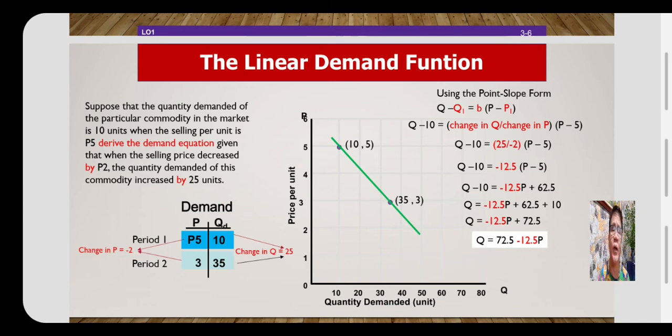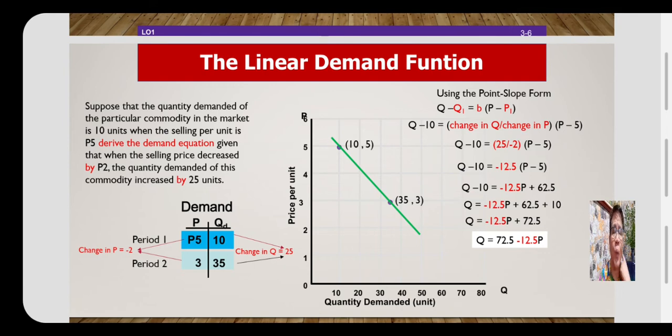So we have the first point represented by a paired value of 10 and 5. And we have the second point on a Cartesian plane represented by the paired value of 35 and 3. In fact, this is just the same points given on the previous slide.